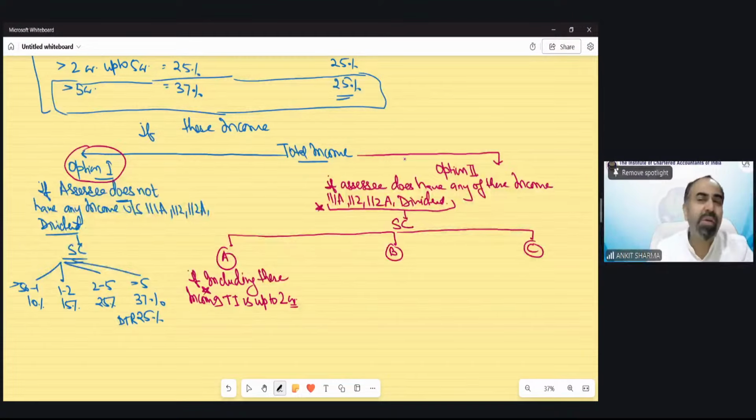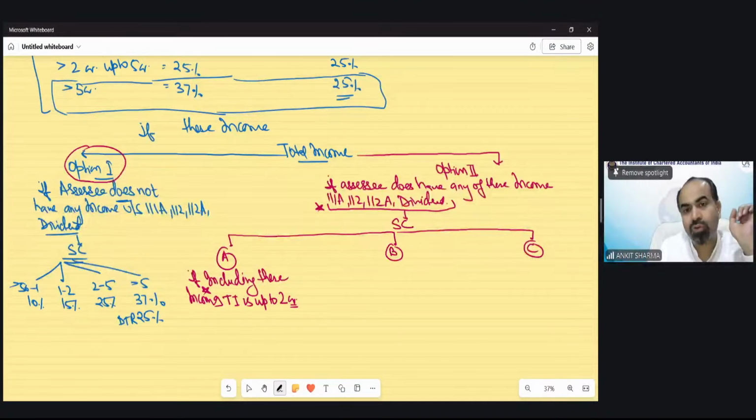Option 2 would be applicable when you do have any of these incomes. In this case, the first case says, suppose after including these incomes, my total income is up to 2 crore rupees.